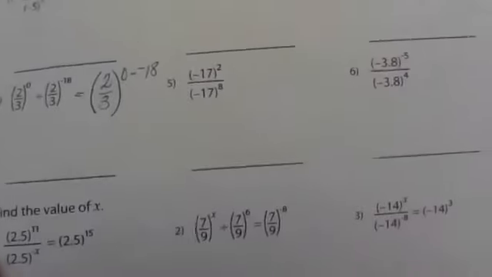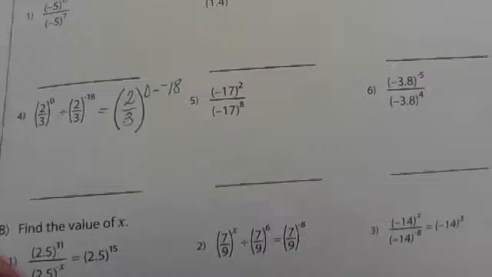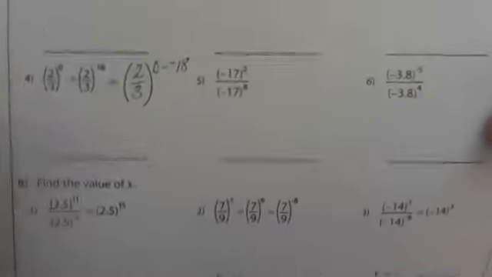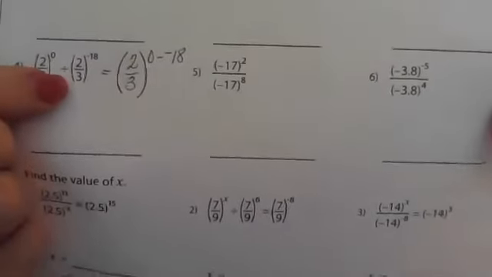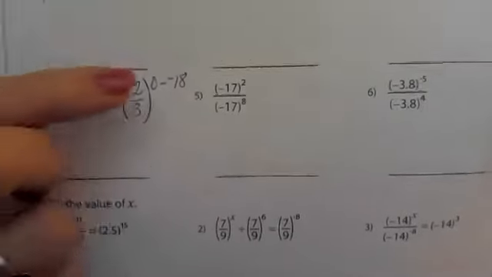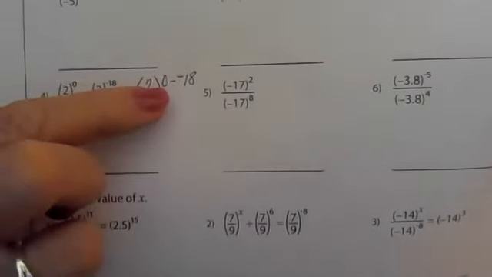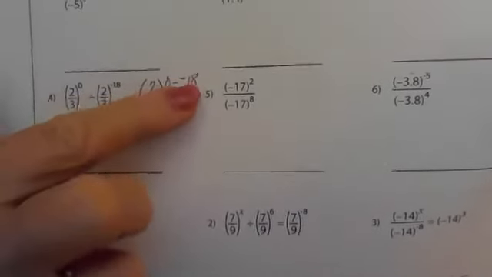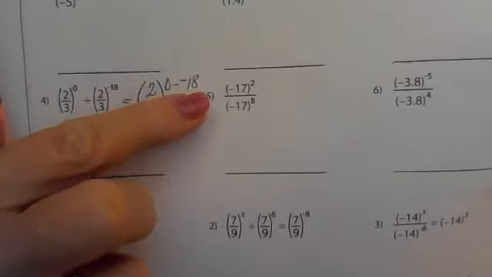So I want to point this out to you because sometimes students get confused here. So here's what it should look like. Since this is a division, then we know we're going to subtract the exponents. So I say 0 minus a -18, okay?